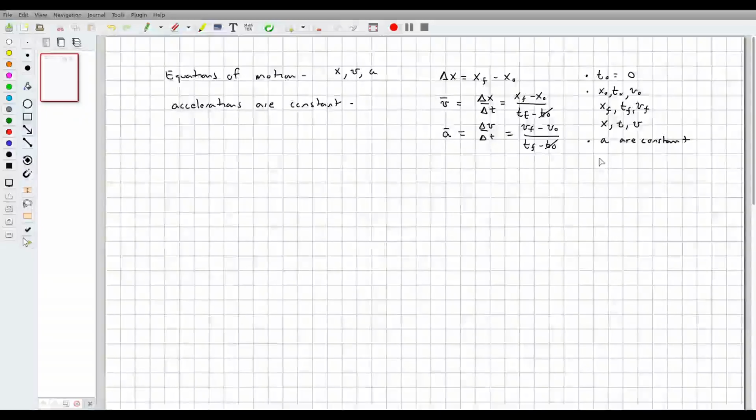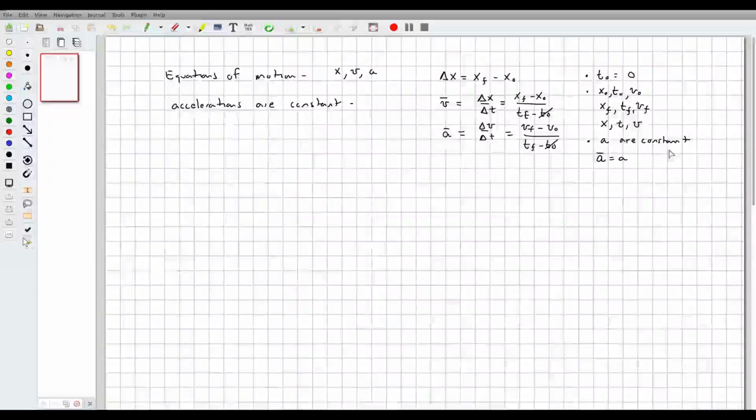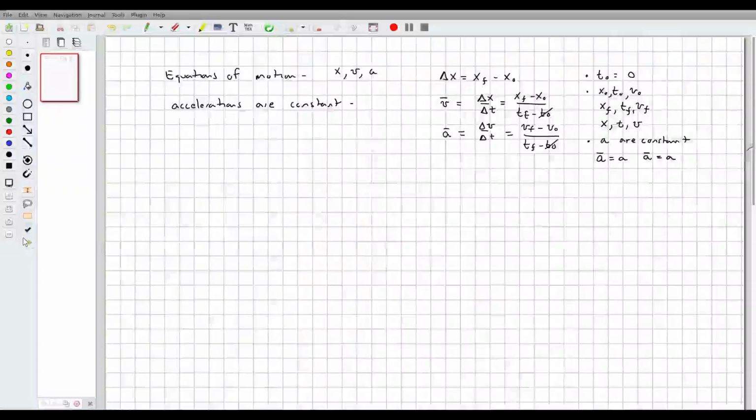Now, when you do that, what that means is that your average acceleration, between point A and point B, is the same thing as your instantaneous acceleration. That's because it's constant. So every place that we see an average, we're just going to call it a for right now. That's a true statement because our acceleration is constant.